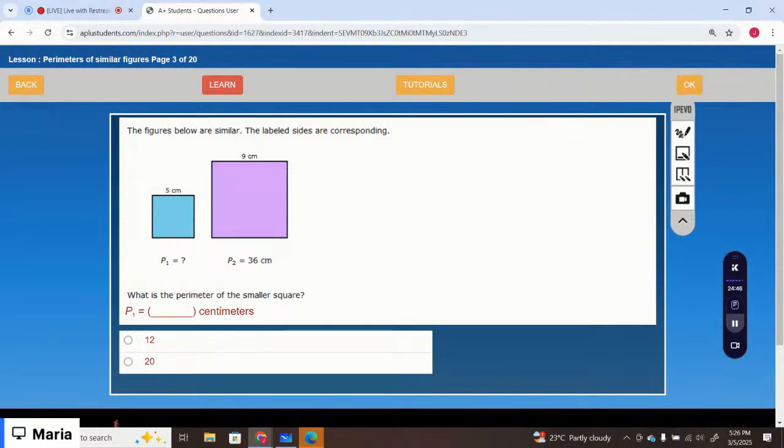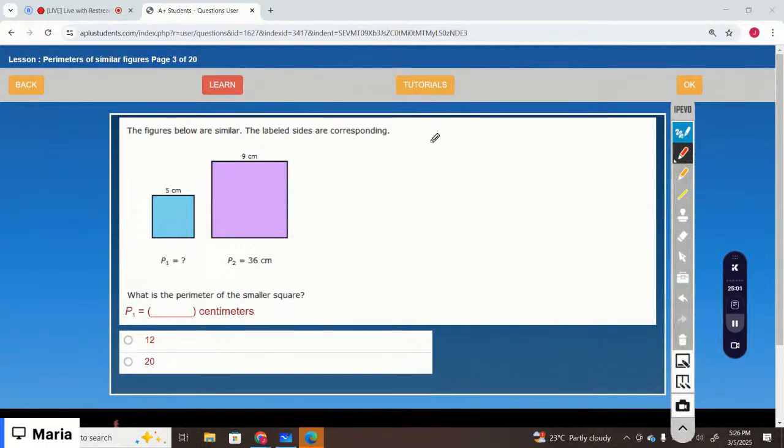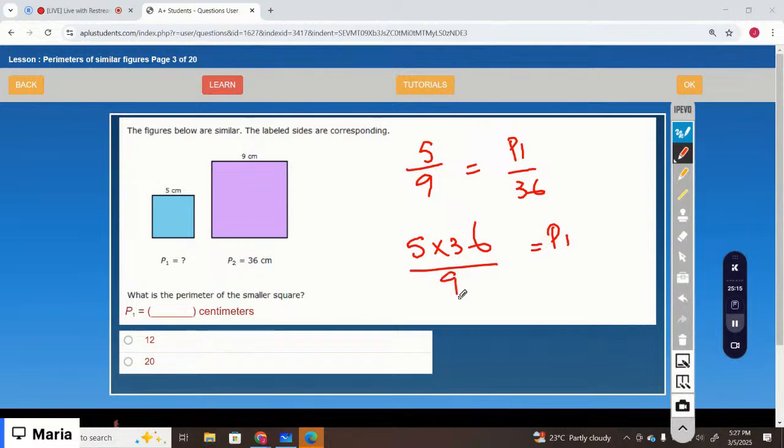The figures below are similar. The labeled sides are corresponding. What is the perimeter of the smaller square? That's 5 divided by 9 equals P1 divided by 36. P1 equals 20.